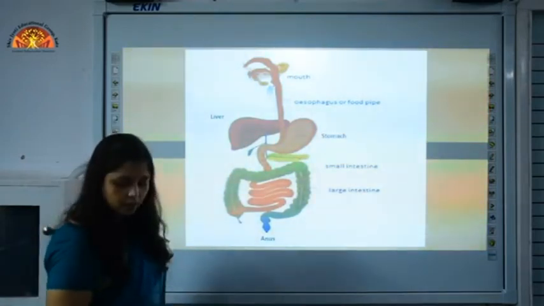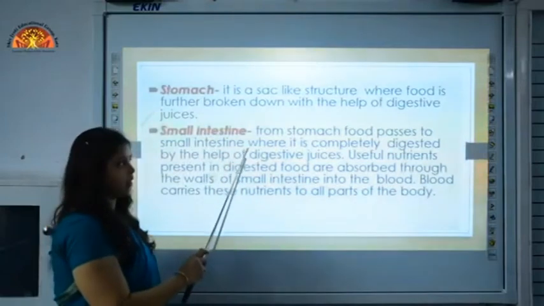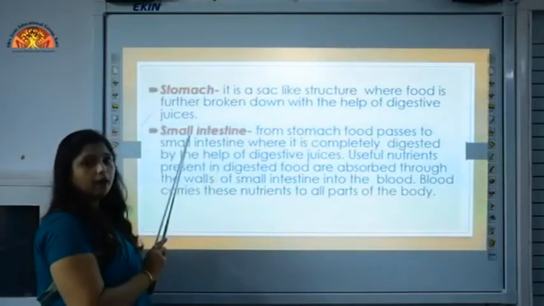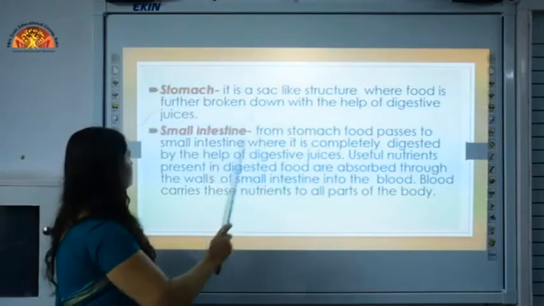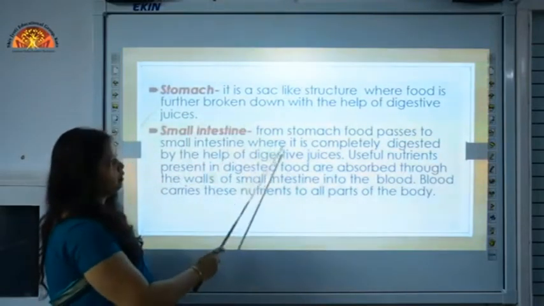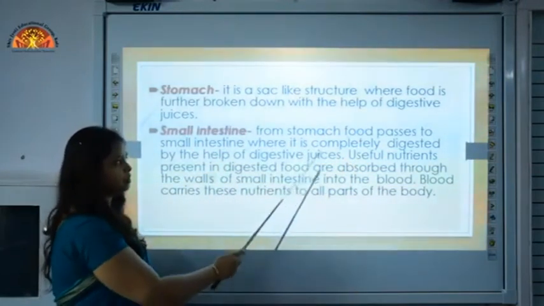Then after the stomach, food passes to the small intestine. It is a very important part of our digestive system. From the stomach, food passes to the small intestine where it is completely digested with the help of digestive juices.